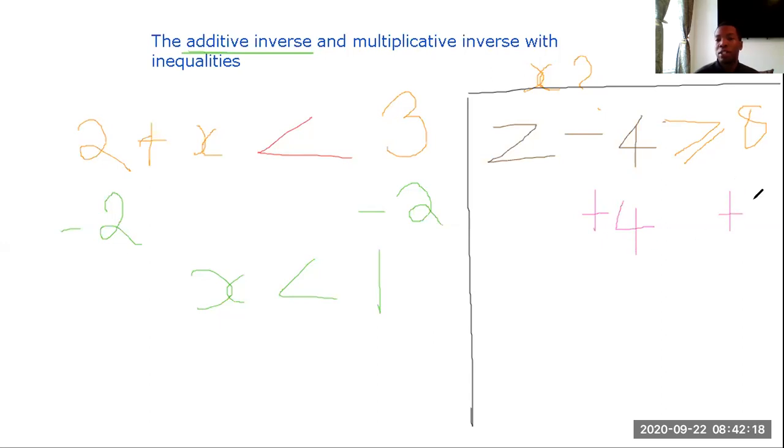And what do we do on one side? Sure enough, got to do it on the other side. So then I do plus 4 on both sides. This becomes 0. The additive inverse is always equal to 0. So z is greater than or equal to, that's what that sign is, greater than or equal to. And then 8 plus 4 is 12.